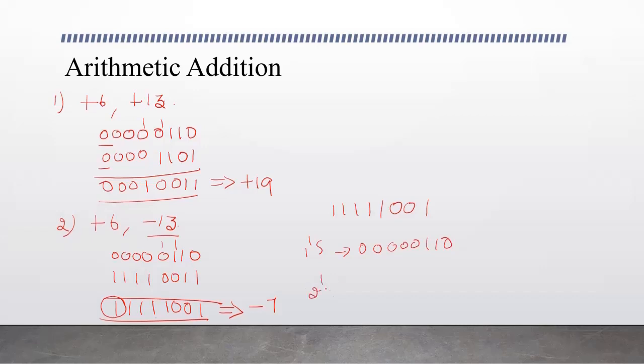Then the 2's complement, adding 1 to this, we get 1 1 1 0 0 0 0 0. So this is equal to plus 7. Okay, so this shows that this number is the 2's complement of 7. So it is minus 7.